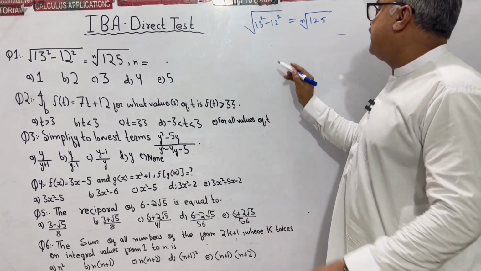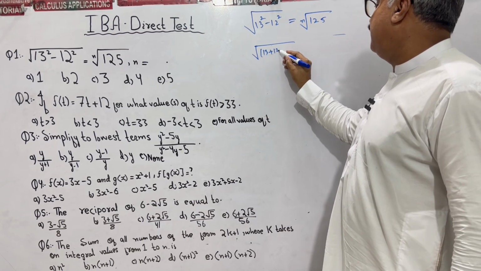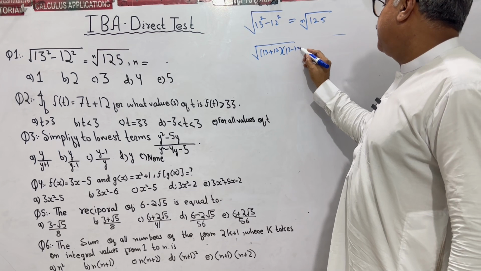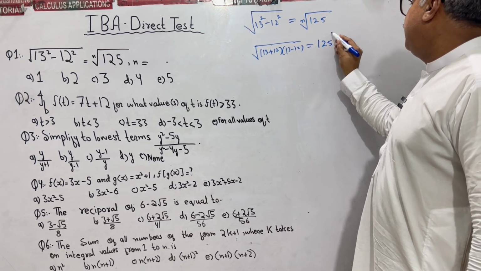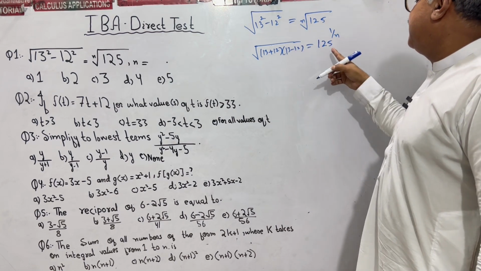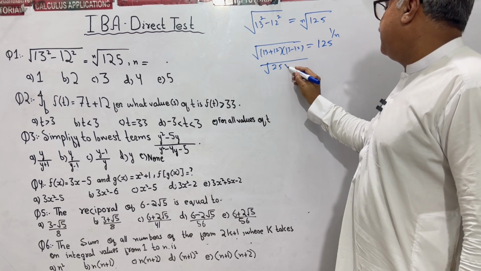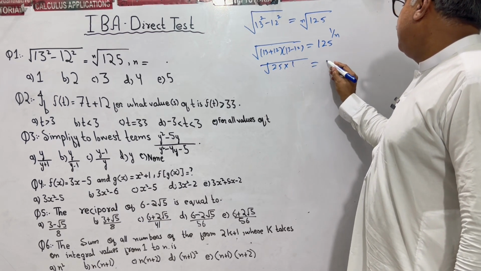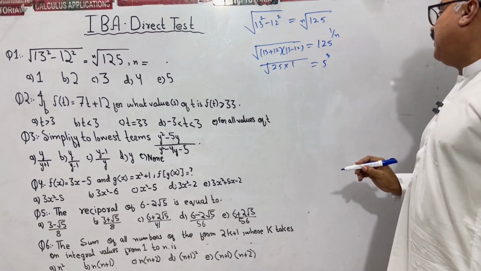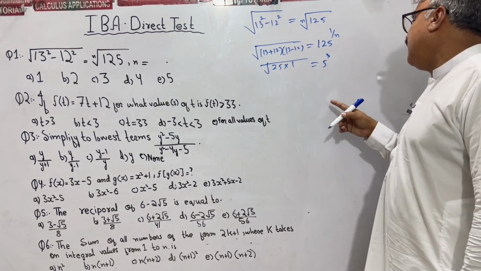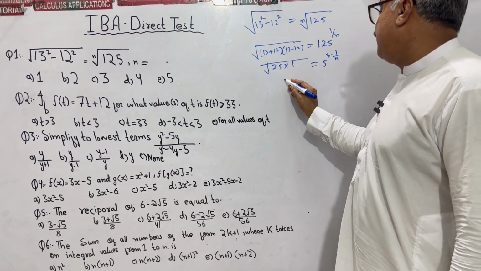One can adopt this approach as well in order to avoid calculation. 13 plus 12, 13 minus 12, and I have 125 raised to 1 over n at the outset. 13 plus 12 is 25. 13 minus 12 is 1. I have factorized 125 as 5 times 5 times 5, so 5 cubed raised to 1 over n. 25, square root of 25.